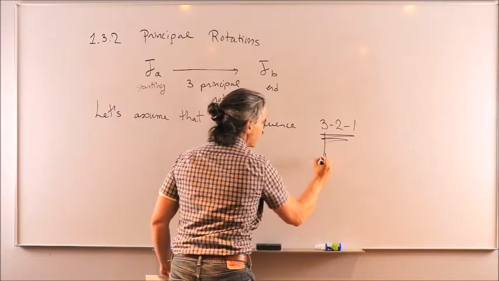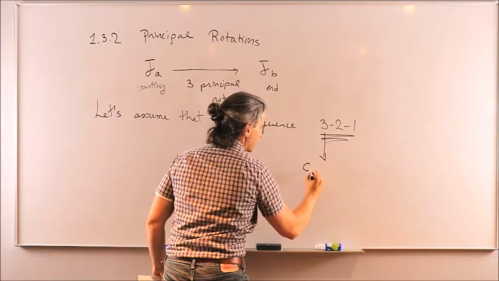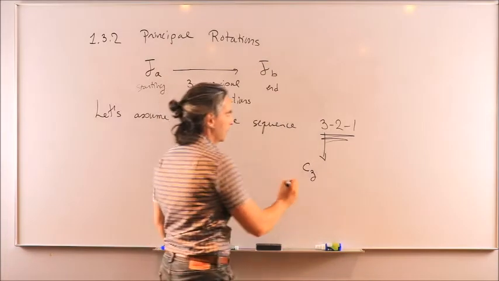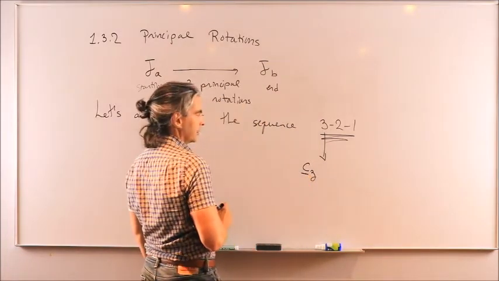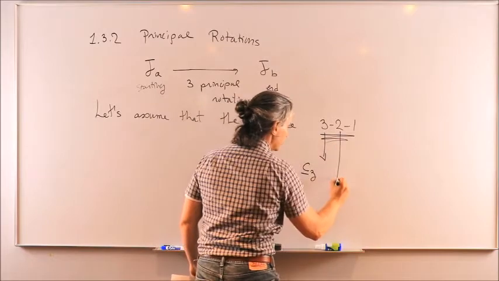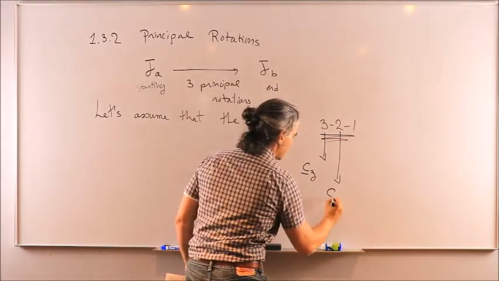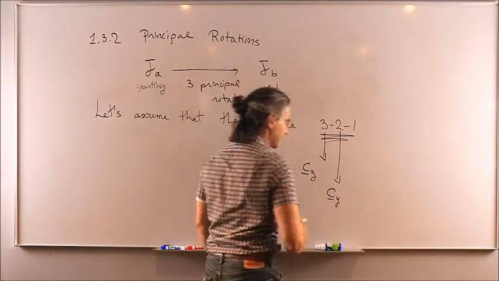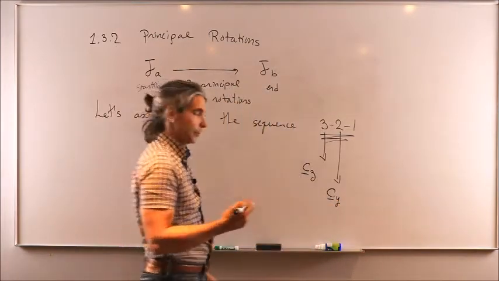3 means this is a rotation about the third unit vector of a reference frame, i.e. this is your CZ that we talked about. 2 means that you are rotating about the second unit vector of a reference frame, or in other words, this is your CY that we looked at previously.